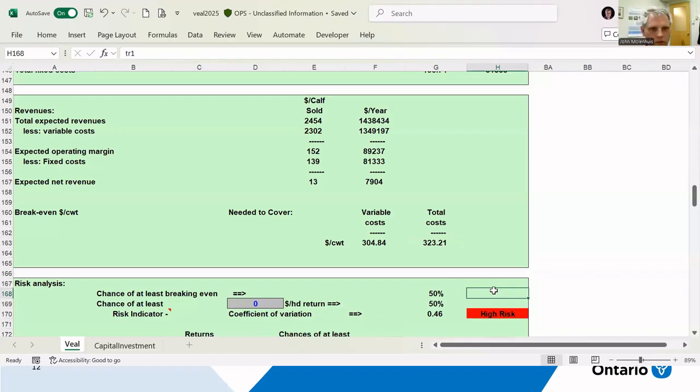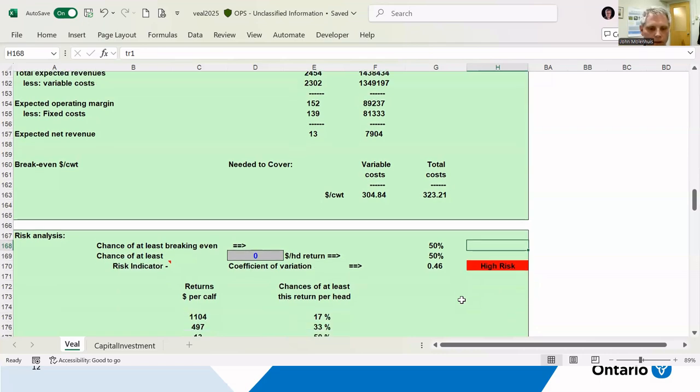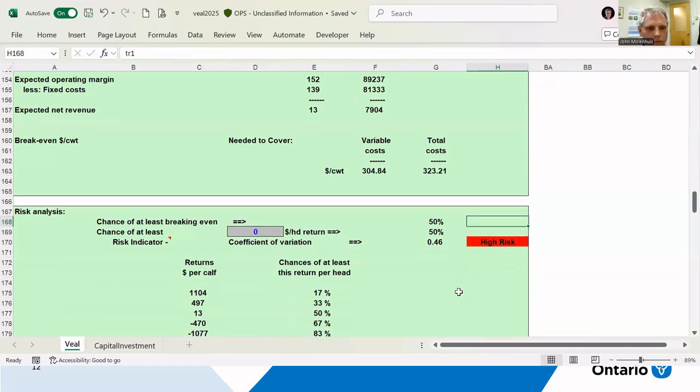Essentially, if you have a really big range between the possible outcomes, then it's going to say it's a high risk. But if the ranges are very tight, then there's less risk in the operation. Here, mainly because of those calf prices, which can be so variable, it's listed as a high risk.